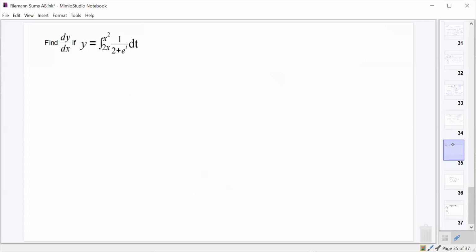So we're going to do one more of these. And notice this one, there is no what? Constant. There is no constant in our upper or lower limit. Both the lower limit and the upper limit are functions. But we can still proceed in the same manner. We can say, let's call capital F an antiderivative of 1 over 2 plus e to the t.